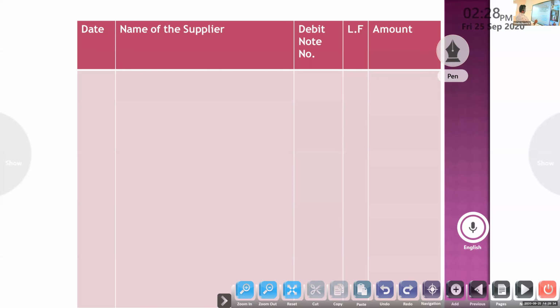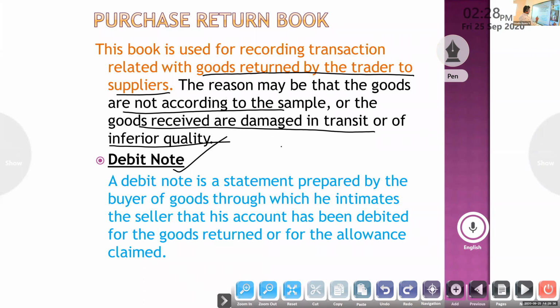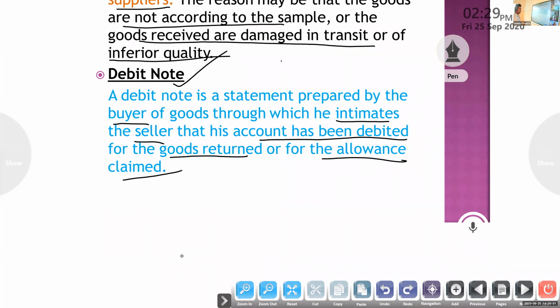Debit note is a statement prepared by the buyer. The company, those who return the goods, through which he intimates the seller, the supplier, that his account has been debited, to debit my account for the goods returned and for the allowance claimed. So then he has to get allowance from the supplier.